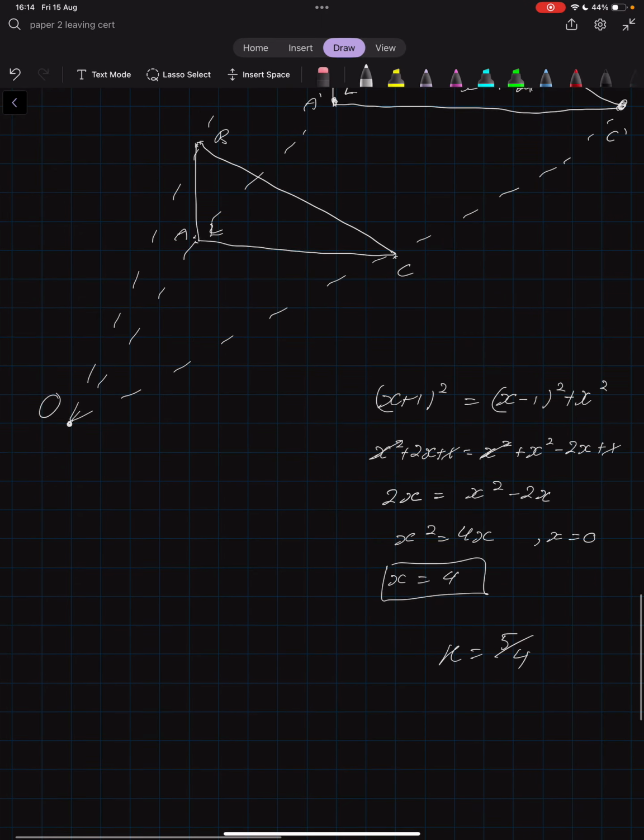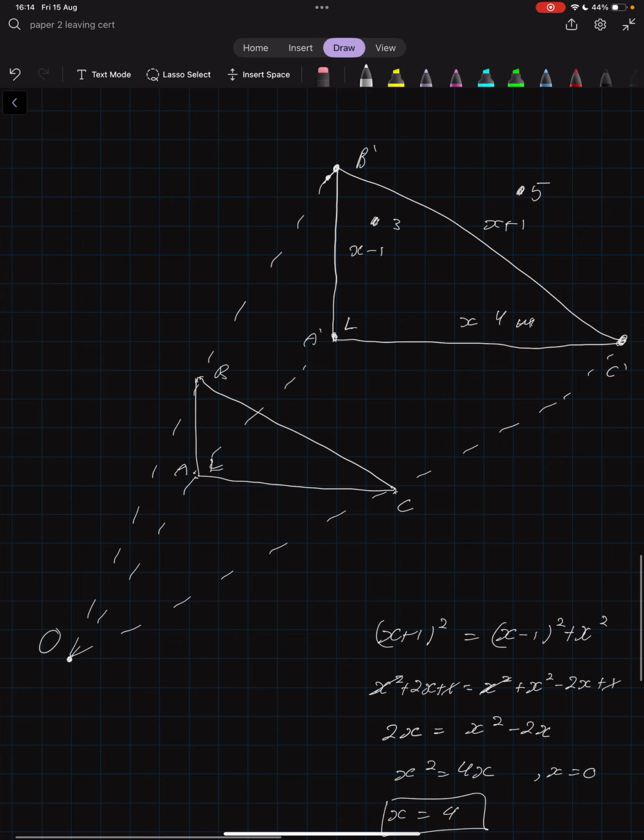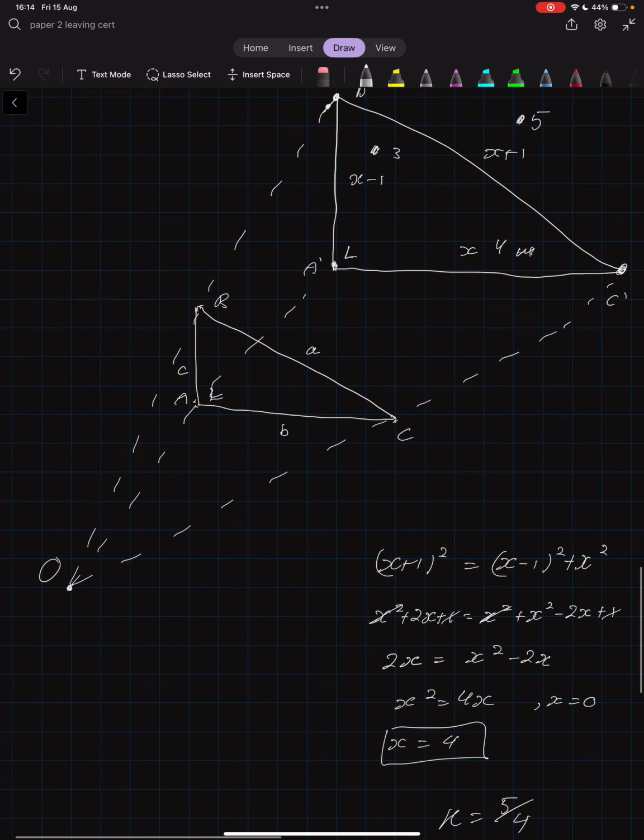So k is equal to 5/4. So basically, these lengths. So if I say A, B, and C, when you multiply them by 5/4, you get the corresponding sides. So A times 5/4 gives me 5, and therefore A has to be 4.